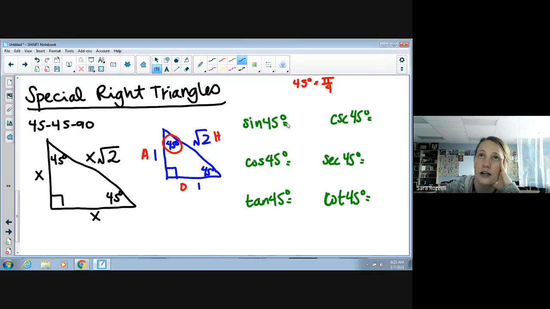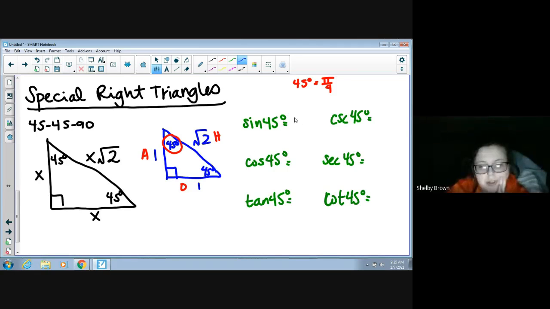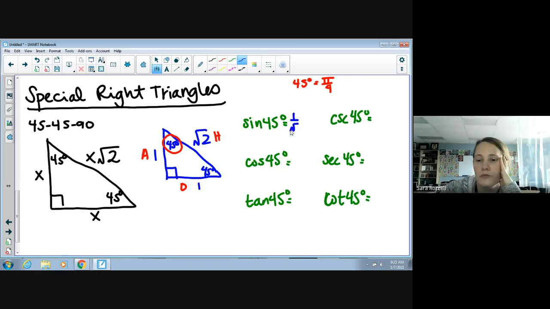So let's start at the top with Shelby. Sine of 45, that's our opposite over hypotenuse. So what's that going to be? Opposite over hypotenuse. So it's going to be 1 over square root of 2. Yep, 1 over square root of 2. So go ahead and help me do cosecant.